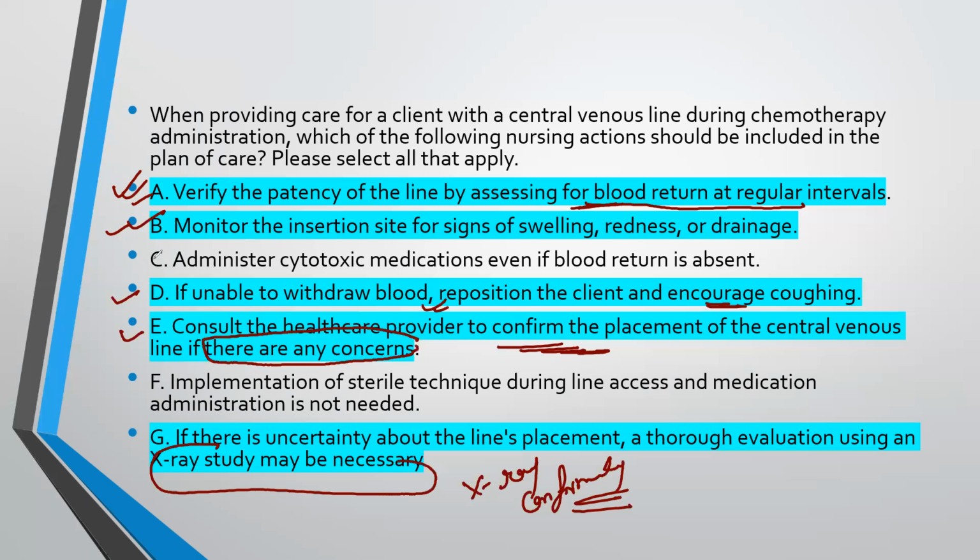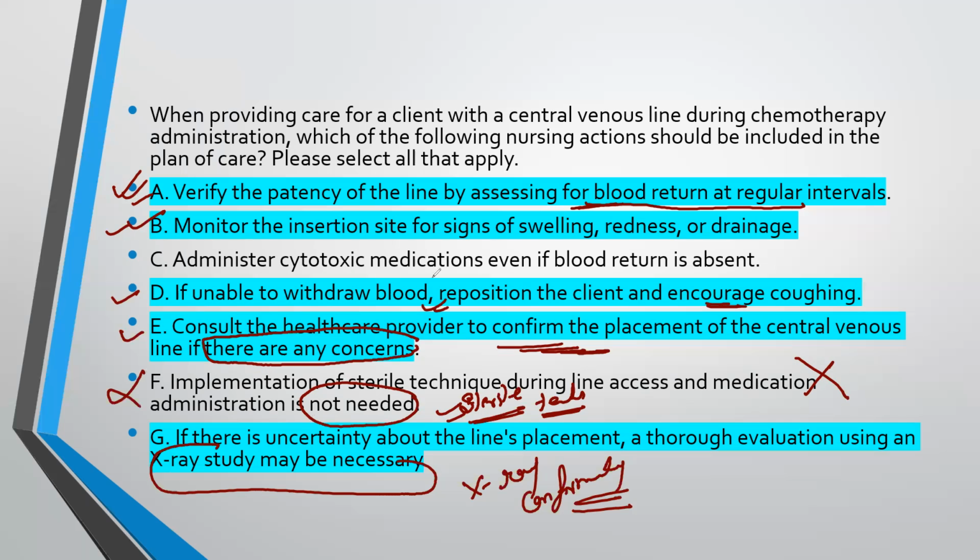And F and C are not right answers, because the use of sterile technique during line assessment and medication is always needed. The patient can have a great infection already, his or her immunity will be low, so saying it is not needed is not the right option.